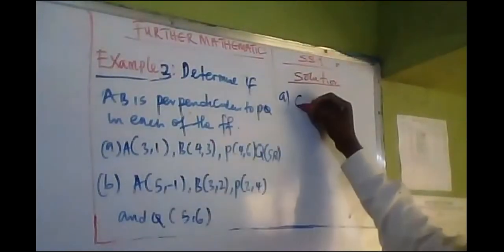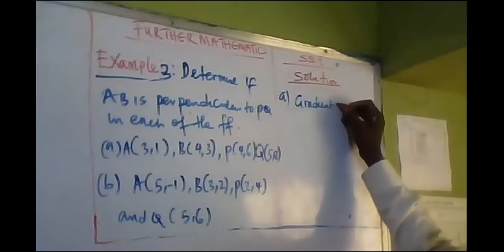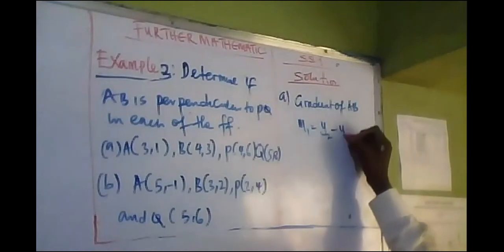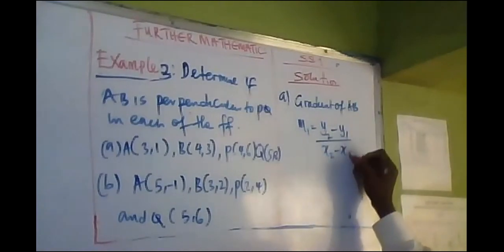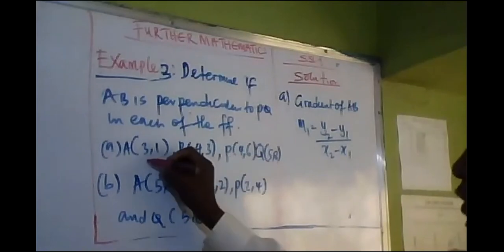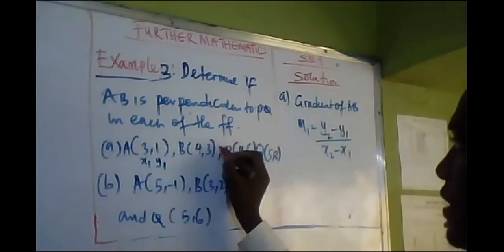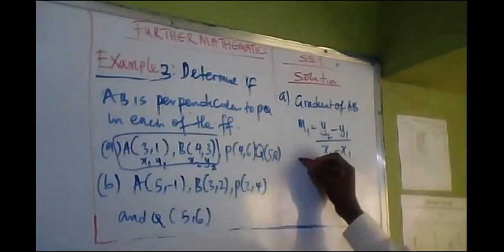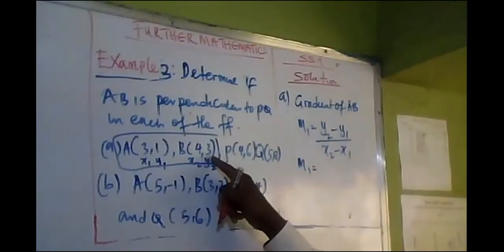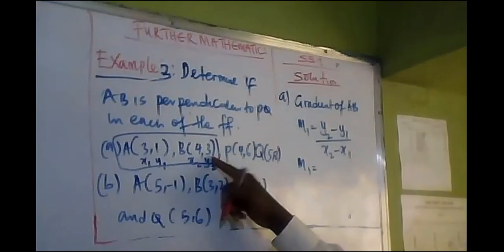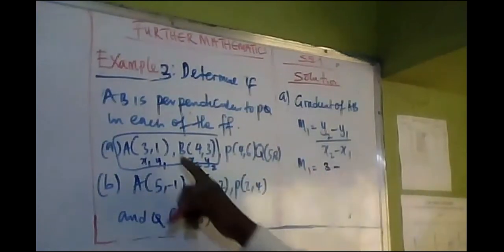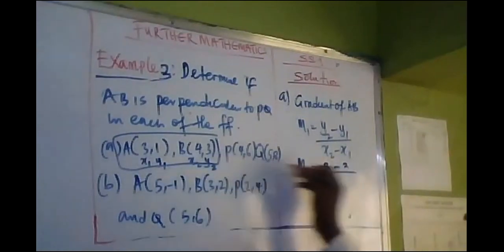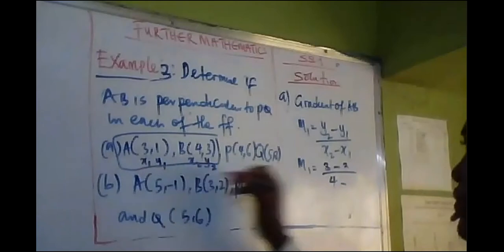Let's get the gradient of AB. Gradient of AB, we call it M1, is equal to the formula for gradient, y2 minus y1 over x2 minus x1. Recall, this is x1, y1, x2, y2 for these two points, so we have made it easier like that. y2 is 3 minus y1, which is 1, over x2, which is 4, minus x1, which is 3.